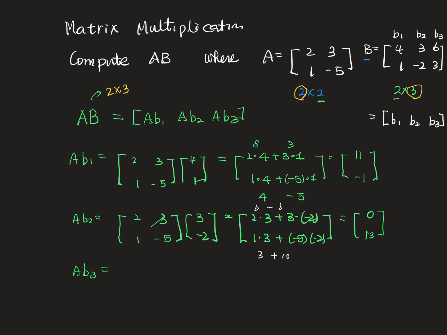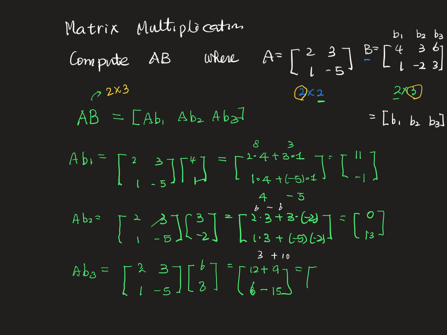You can stop the video and do it by yourself, guys. The column vector B3 is 6 and 3. You have 12 plus 9, I'm sorry, guys, and 6 minus 15.